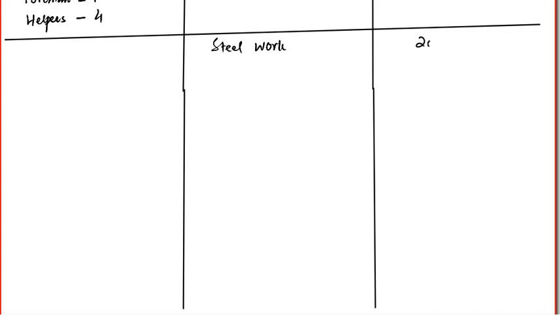Let's say if you are asked to bind 200 kg of steel, within 8 hours you may need, we call them bar benders, right? Steel workers, bar benders. You may need 2 bar benders and 2 helpers. So with 2 helpers and 2 bar benders you can bind 200 kg of steel within 8 hours.